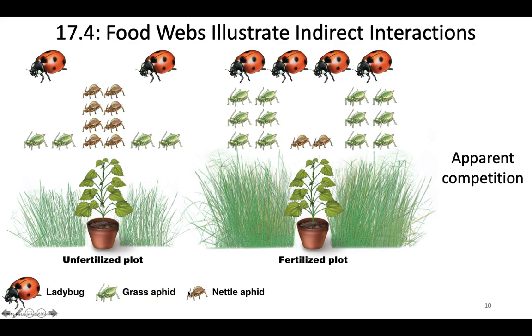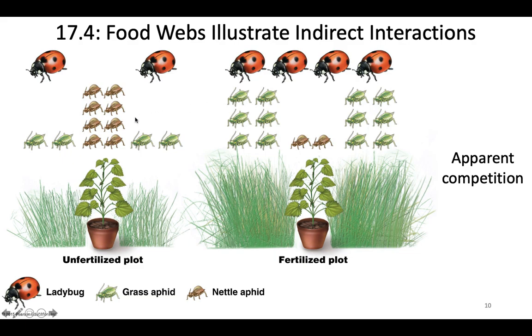Grass aphids eat grass, nettle aphids probably eat stinging nettle, but both of them are preyed upon by ladybugs. If you increase grass productivity through fertilization, you get an increase in the grass aphid populations, an increase in the ladybugs, and then you see a decrease in the nettle aphid populations.